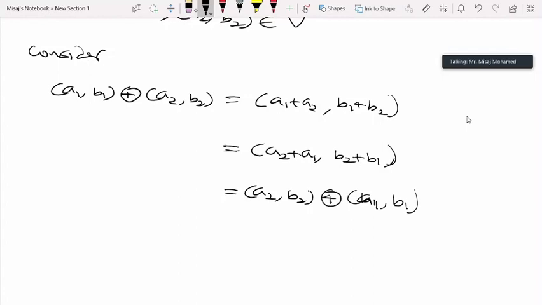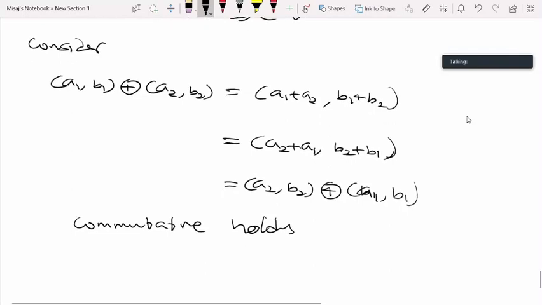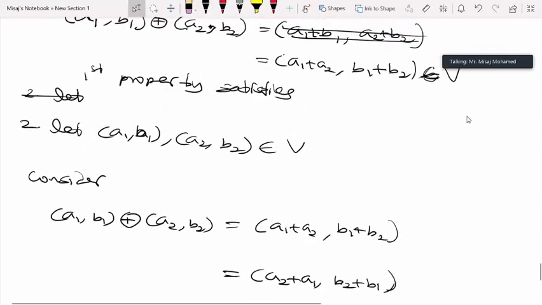So is that commutative now? Yes, sir. Commutative holds.